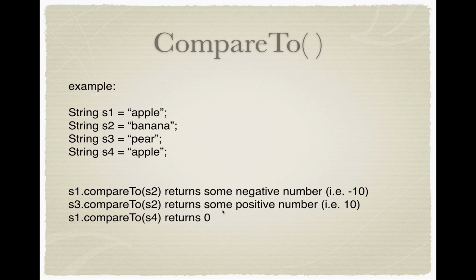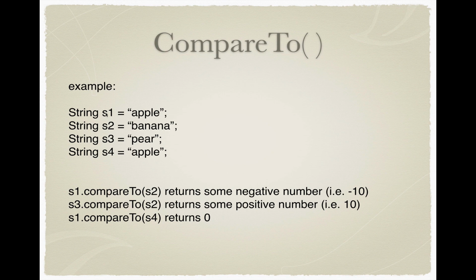So let's take a look at this here. S1 compared to S2. S1 is apple, S2 is banana. If I'm comparing apple to banana, apple comes before banana in the dictionary, so it's going to be a negative number. So apple's less than banana, so it's going to be a negative number.